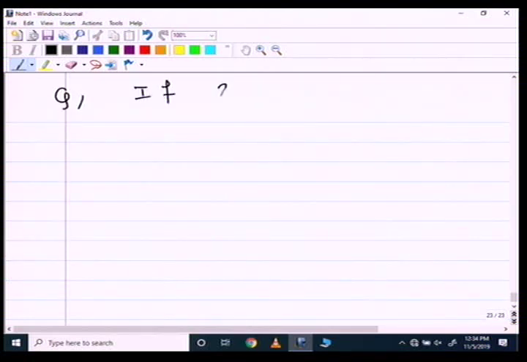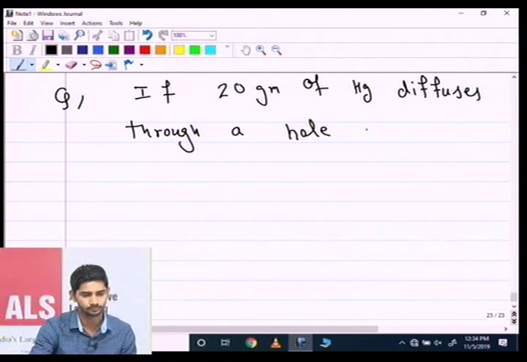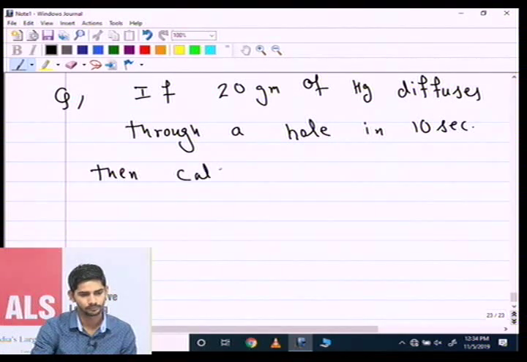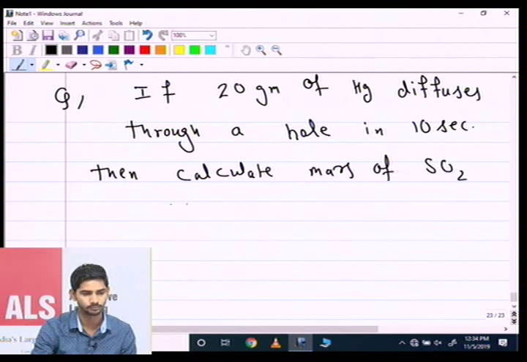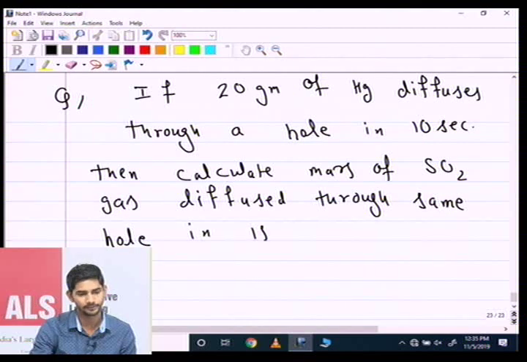If 20 gram of helium diffuses through a hole in 10 seconds, then calculate the mass of SO2 gas diffused through the same hole in 15 seconds.